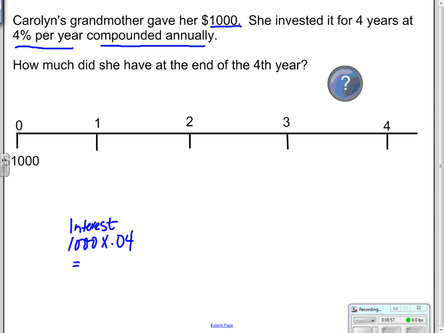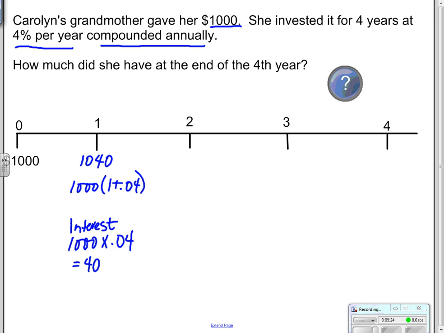That means he's going to add 40 bucks into her account. So at the end of year 1, she has $1,040. Another way to write that is 1,000 times 1, which keeps our $1,000, plus 4%, which will add 4% to it.